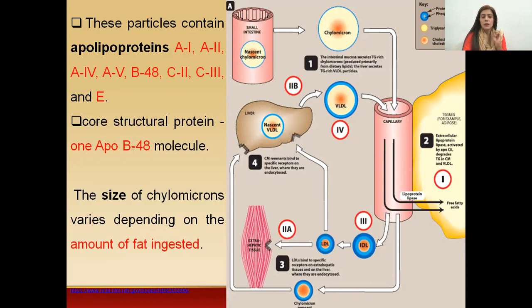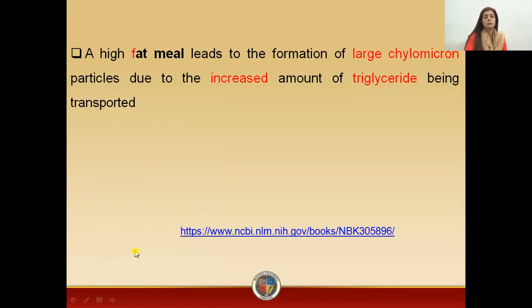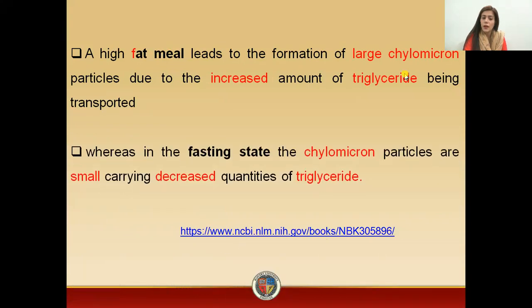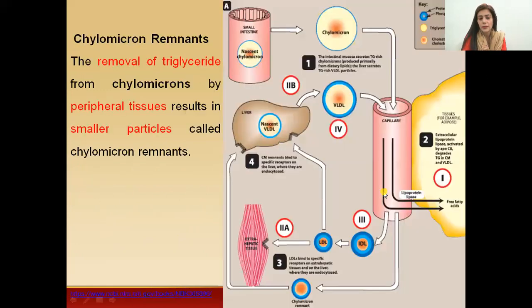The major apolipoprotein present in this chylomicron is APO B48, and definitely its size will depend on the amount of fat ingested. If the amount of fat ingested is in larger quantity, then there will be a larger size of the chylomicron. If you are in the fasting state, then the chylomicron size will be small. It means it is carrying a decreased amount of triglycerides.